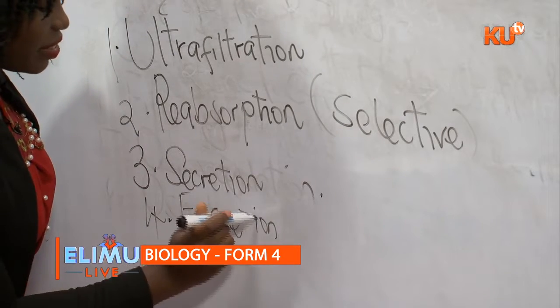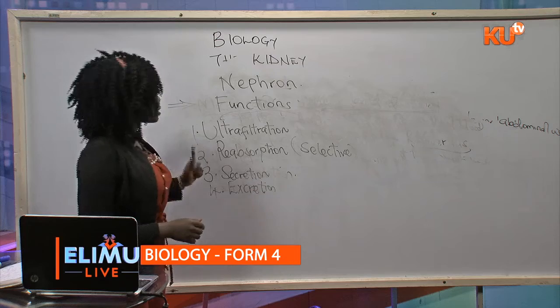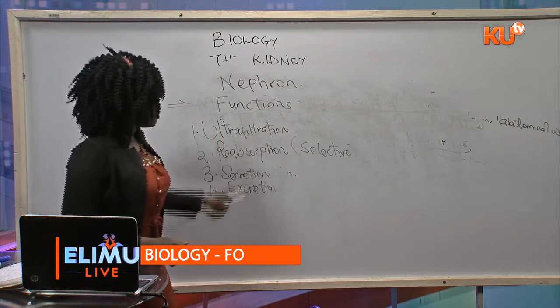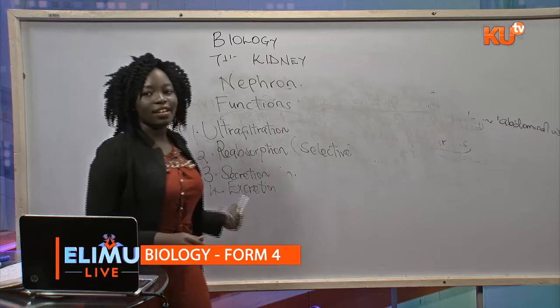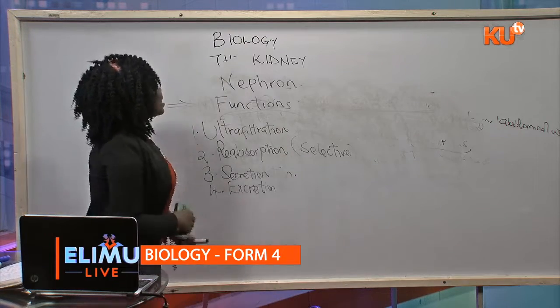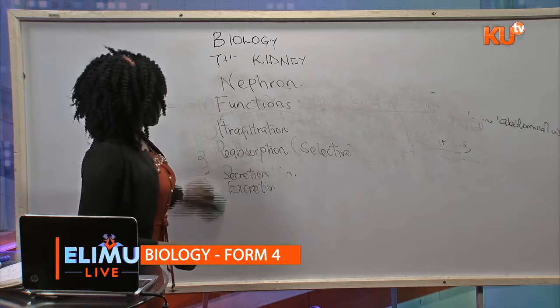And lastly, excretion. So I want to go one by one, explaining how the nephron does the ultrafiltration, reabsorption, secretion, and excretion. Let us go to the structure of the kidney nephron so as to explain how all these occur.